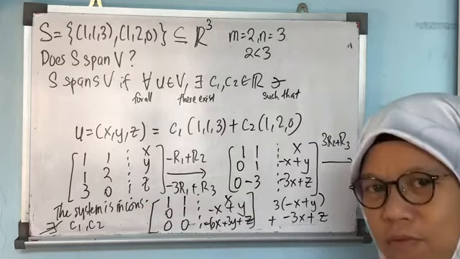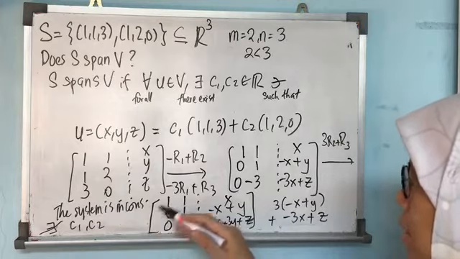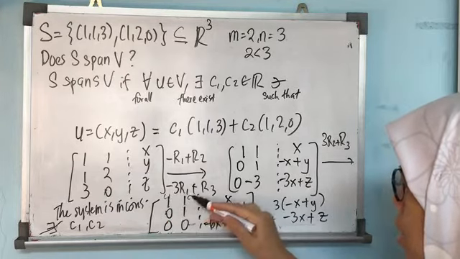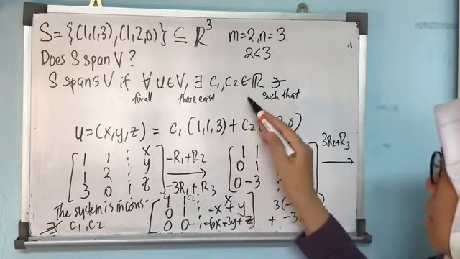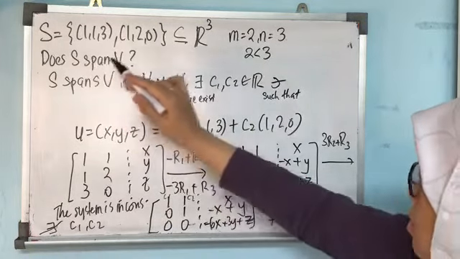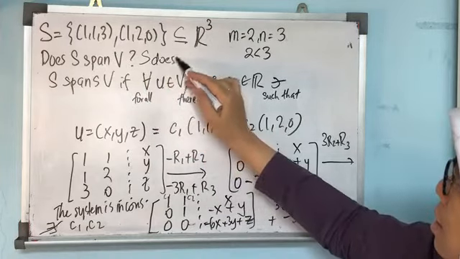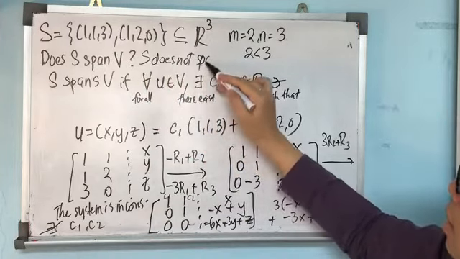You have to write in full if you don't know the symbol. The system is inconsistent, meaning there does not exist C1 and C2 for this one. So answer, sometimes students forgot to answer, S does not span V.